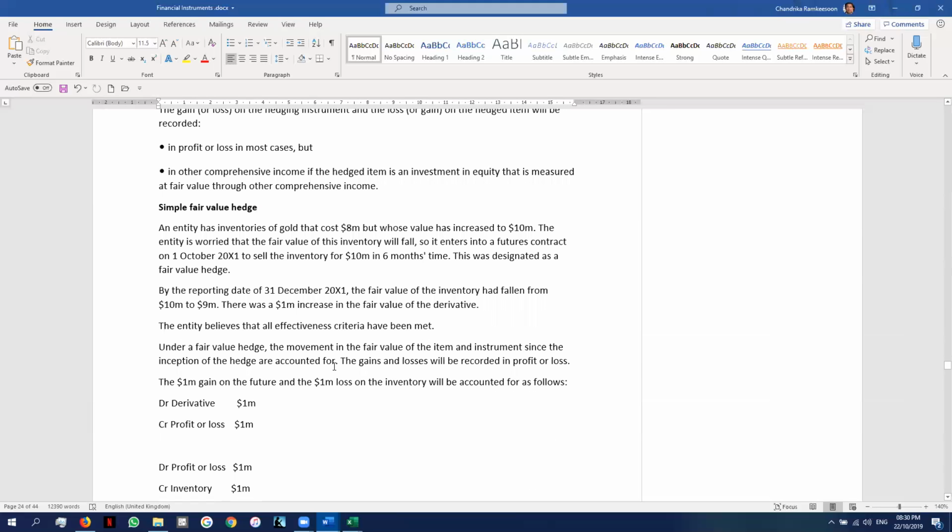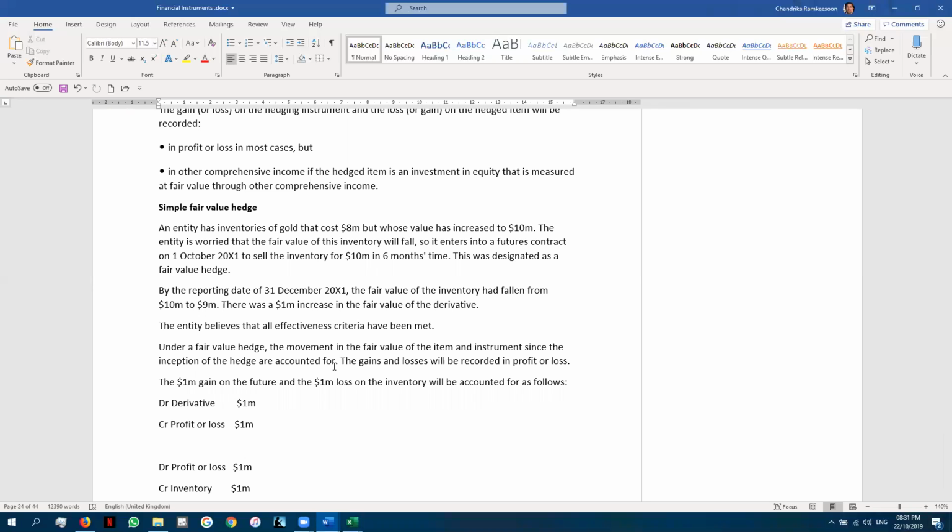A simple fair value hedge, right? Now, what we are doing here is using the same example as what we saw earlier. Remember the example we saw earlier when no hedge accounting was used, which applied to the inventory?